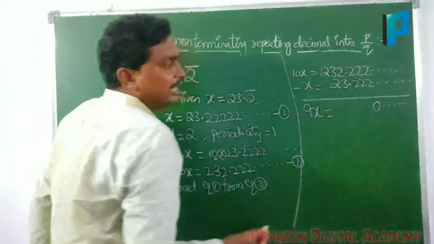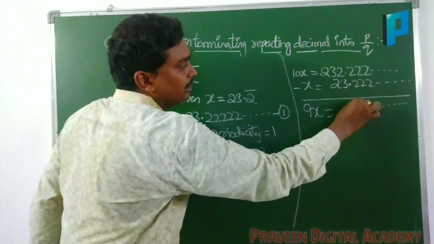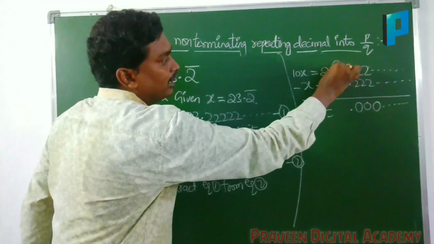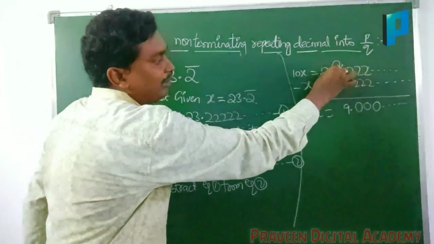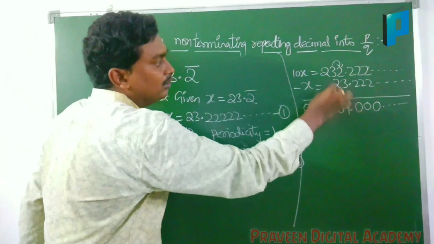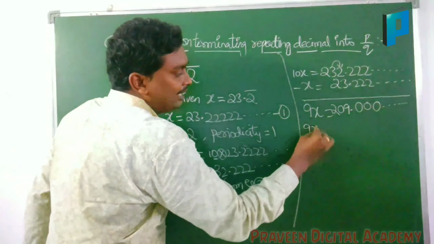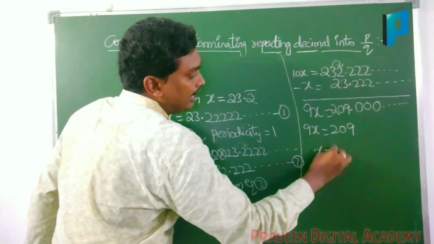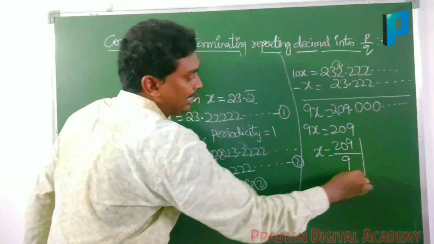Here also you will get all zeros. 2 minus 2, 0. After the point, 2 minus 3 you cannot do, so borrow: 12 minus 3 is 9. Then 2 minus 2 is 0, and directly you get 2. That means 9x is equal to 209. Simply, x is equal to 209 by 9.